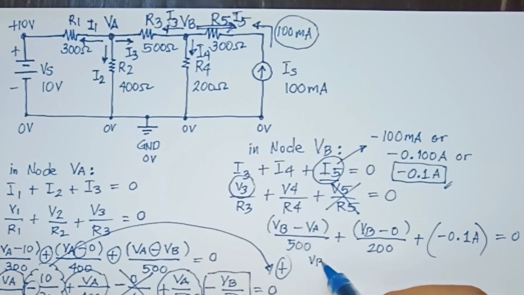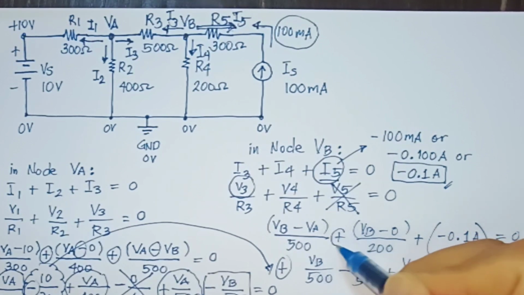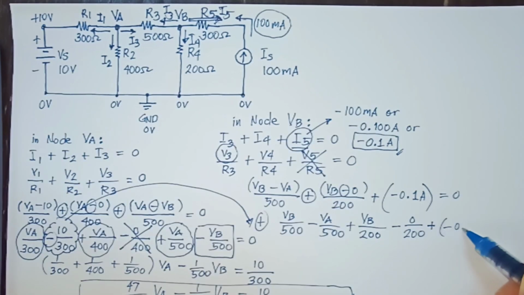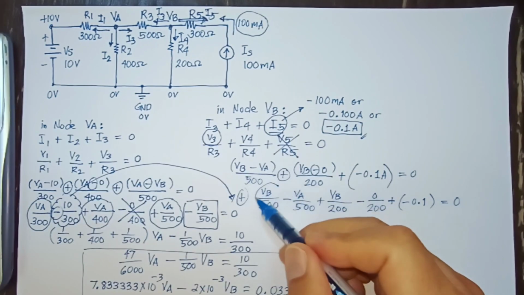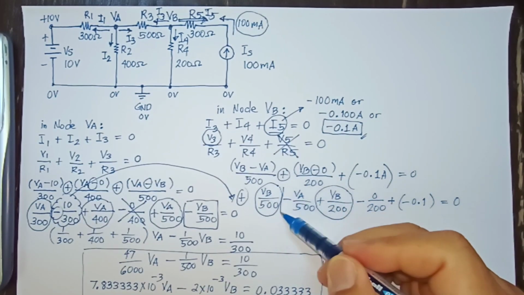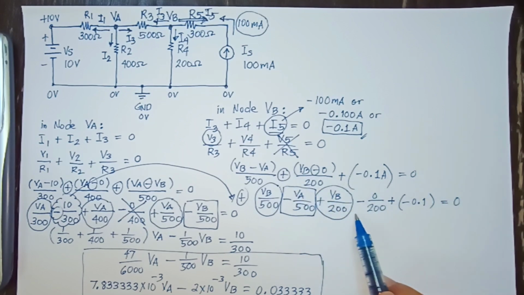Now let's distribute this as VB over 500 minus VA over 500 plus VB over 200 minus 0 over 200, and then plus minus 0.1, and let's just cancel letter A. Now all the VB must be put together, and all the VA.